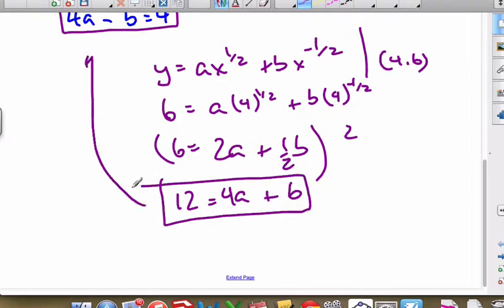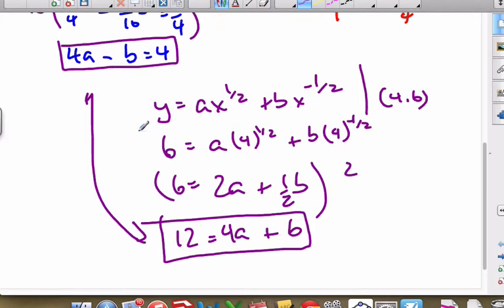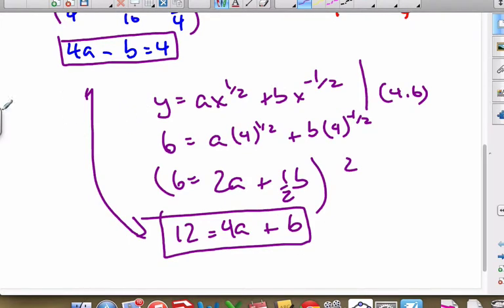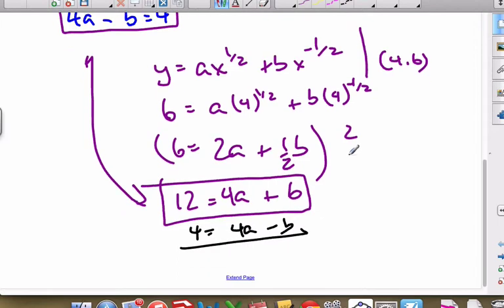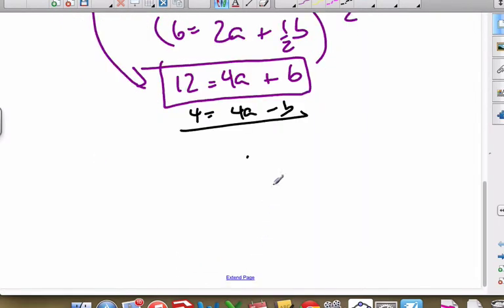I have two equations, two unknowns. I can solve them. If I had my calculator handy, I would simply put it into Polysmlt, but since I don't have it up and handy, I'm going to just rewrite this. 4a minus b is equal to 4. I'm going to add these two equations up.